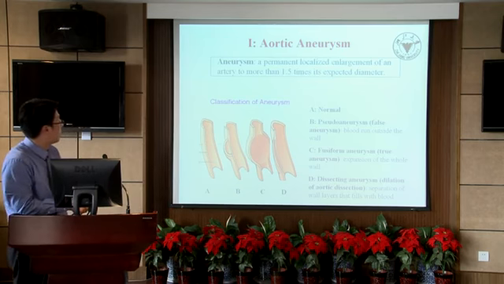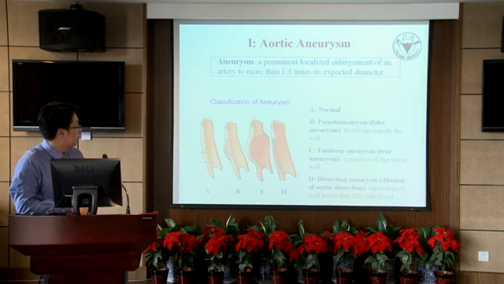B, false aneurysm, where the blood runs outside the wall. C is true aneurysm, the expansion of the whole wall. The D is dissecting aneurysm, or dilation of aortic dissection, separation of wall layers, then filled with fluid.